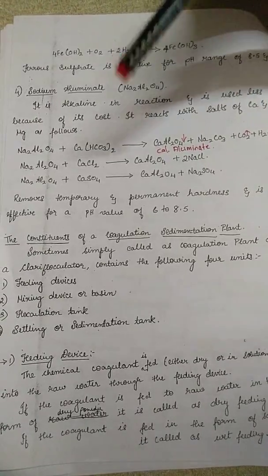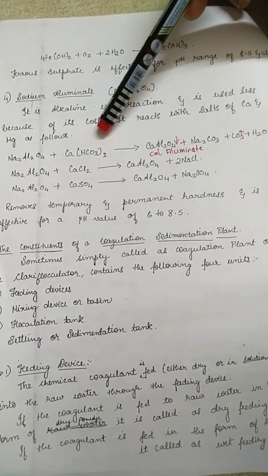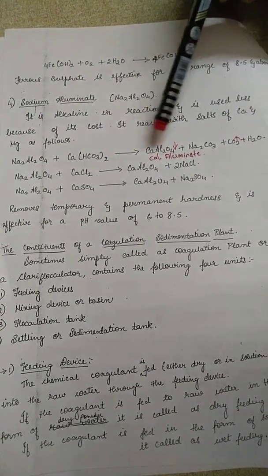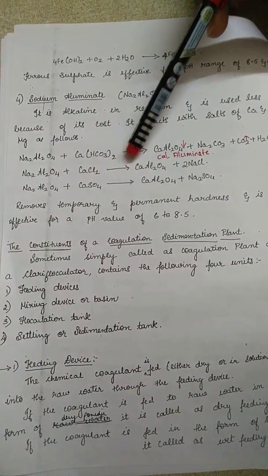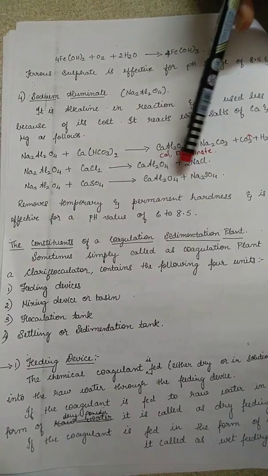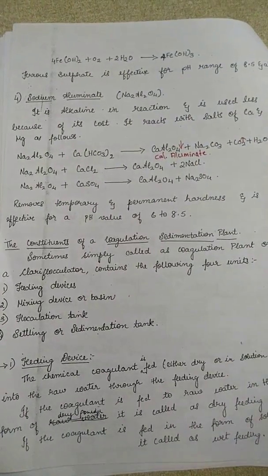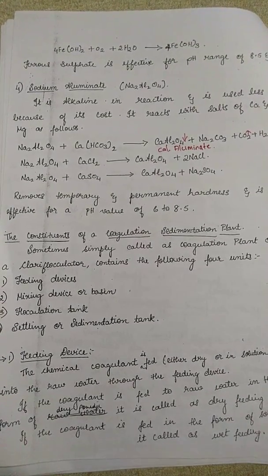When the sodium aluminate reacts with the calcium bicarbonate present in water, it is going to form calcium aluminate, and with calcium chloride and calcium sulfate in water, it is going to form 2NaCl and Na2SO4. That means more amount of salts are going to get formed. So the sodium aluminate, we use very rarely.